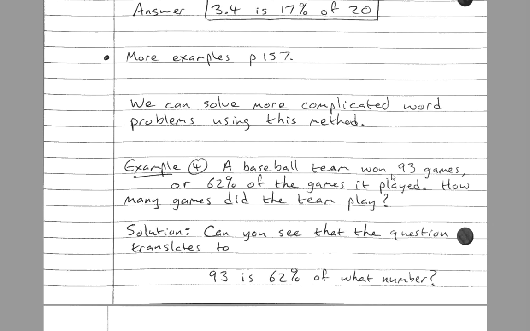This team won 93 games, or 62% of the games it played. How many games did the team play? These take a bit of working out just to figure out what's going on, but it is basically a percent problem.